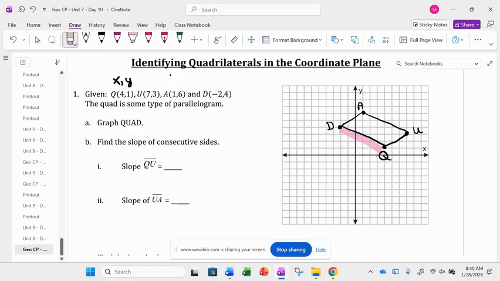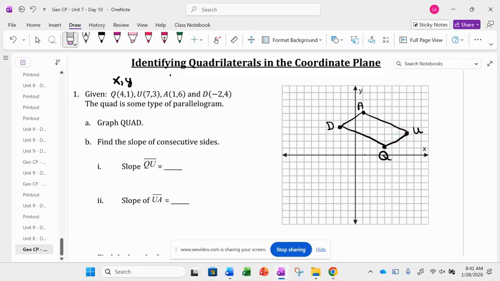All right. So now it's saying find the slope of the consecutive sides. The first slope we're going to find is of QU. Here's QU. Remember, when we find the slope, to get from one point to the other point, we count rise over run.